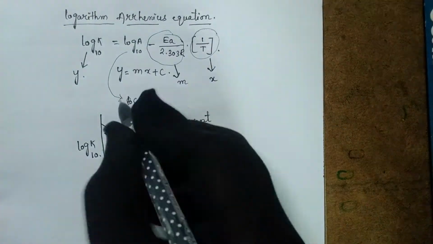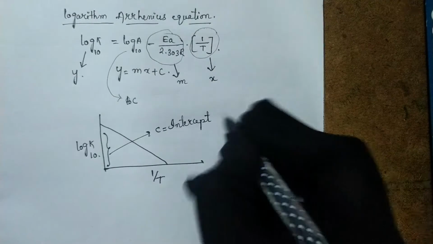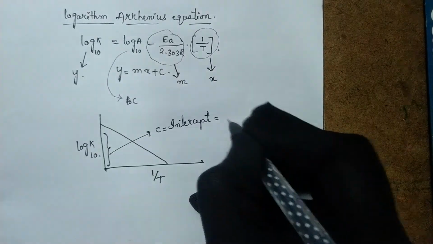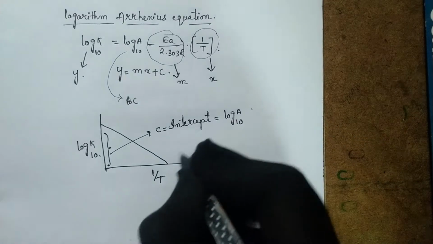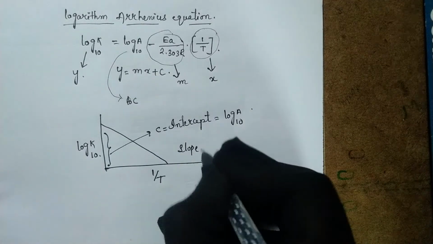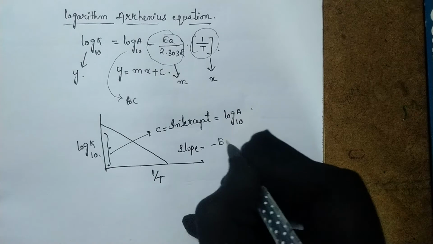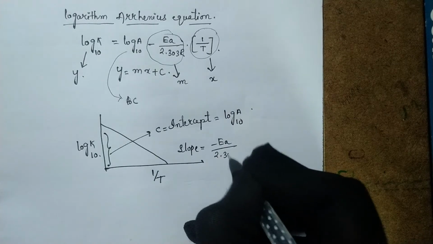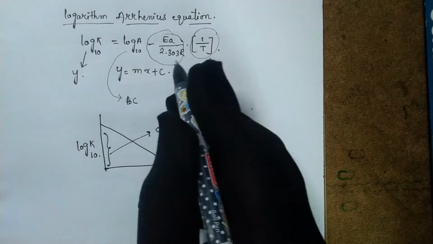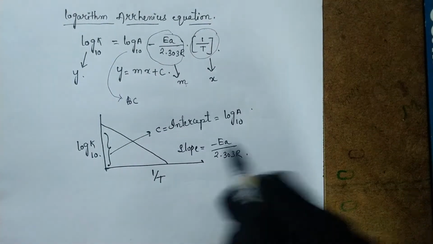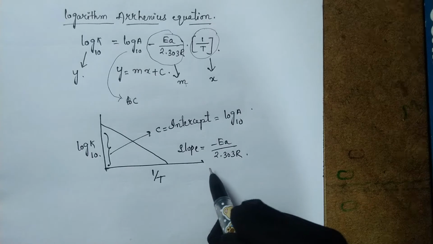When we compare this equation with this, we have c is equal to log A to the base 10, and slope is equal to minus EA by 2.303 into R. So here we have the negative slope, right?